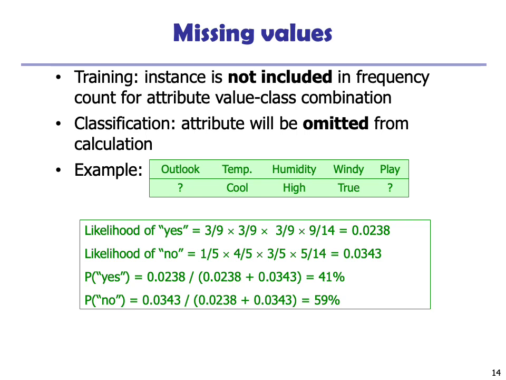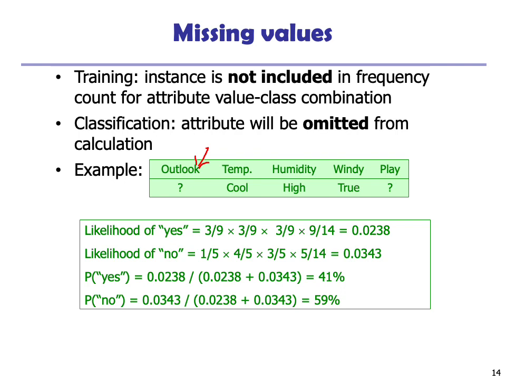So how does naive Bayes deal with having evidence that has missing attributes, with missing values? For instance, here Outlook has a missing value, so we don't know what's the actual value for the attribute Outlook.